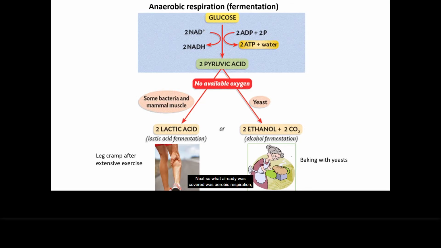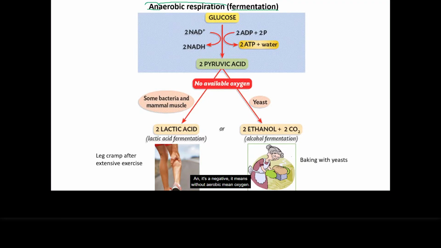Next, what we already covered was aerobic respiration, cellular respiration using oxygen. But we have the other type of respiration. It's called fermentation, or anaerobic respiration. The 'an' is a negative.